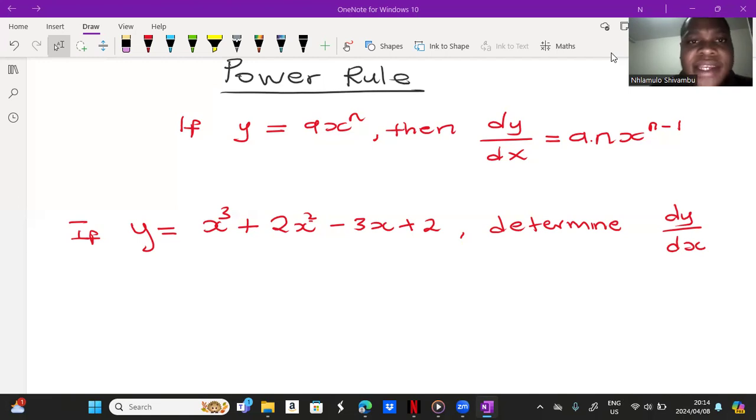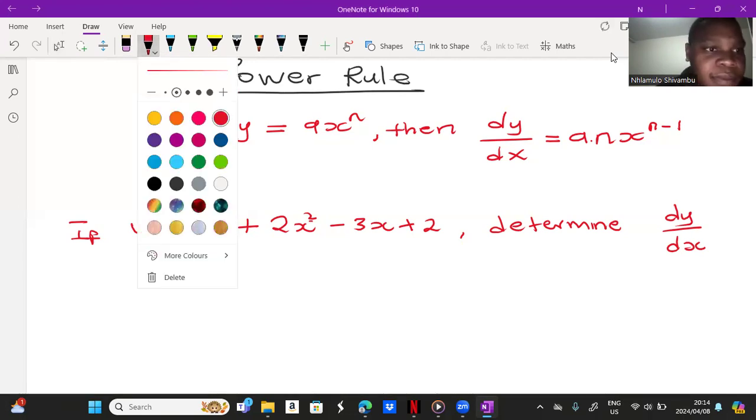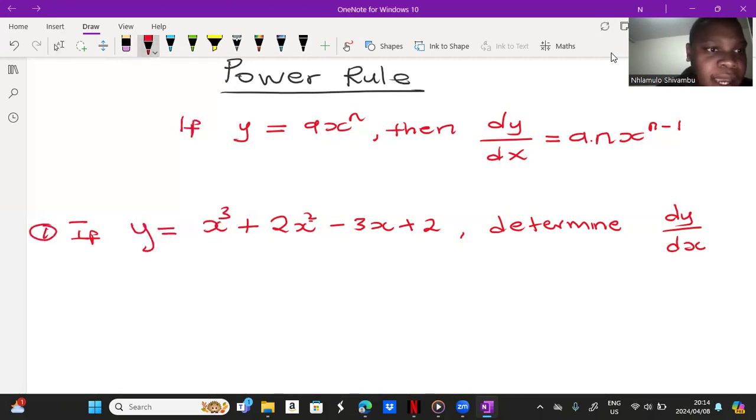The main question here is, what is dy over dx? So we're going to apply the power rule. This will be our example 1. So dy over dx will be given by, we'll start with the first term, which is x cubed.